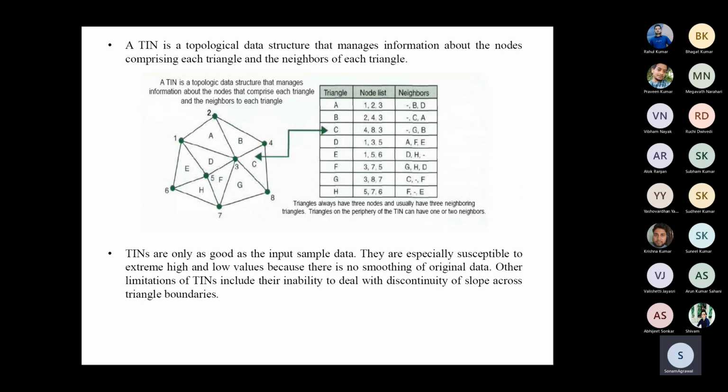See what is happening in the case of TIN. Instead of one single value for the whole area, for triangle A, everywhere the value will be the average of 1, 2 and 3. For B, it will be the average of 3, 2 and 4. Now, suppose you see small triangles somewhere and a larger triangle elsewhere, what will be your interpretation of that?